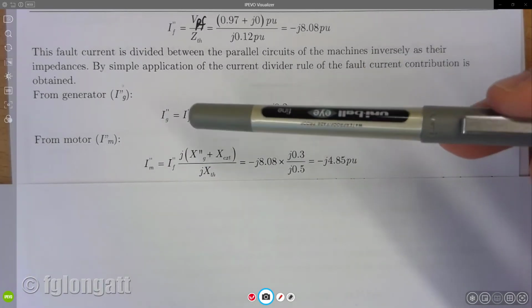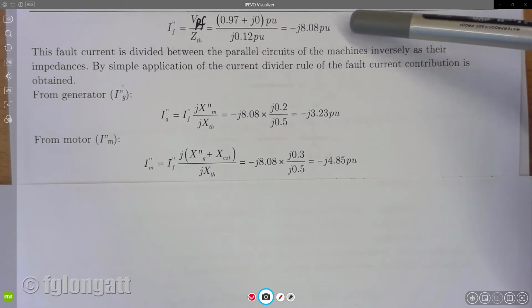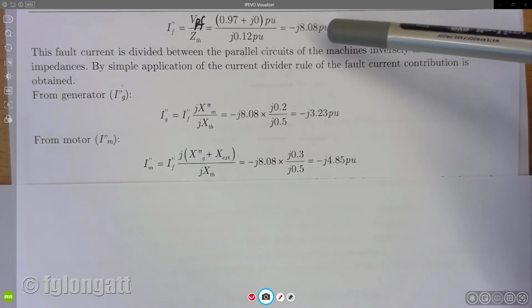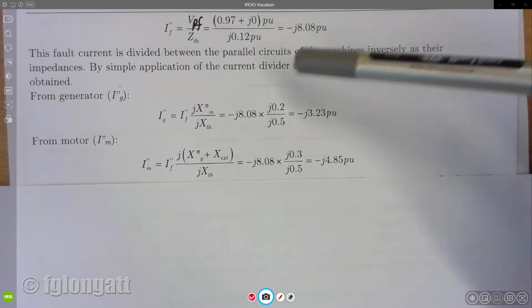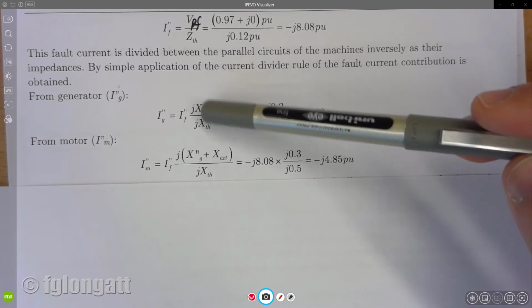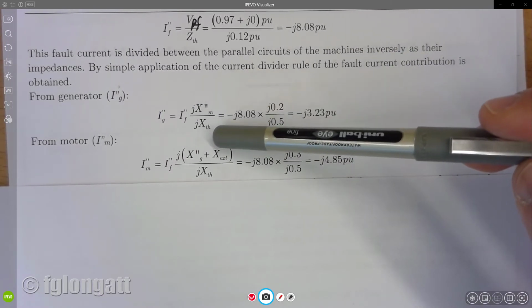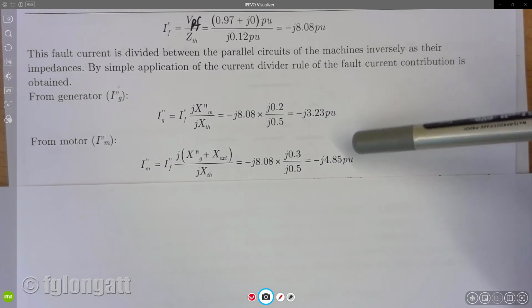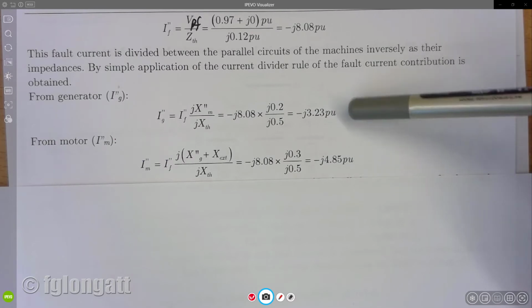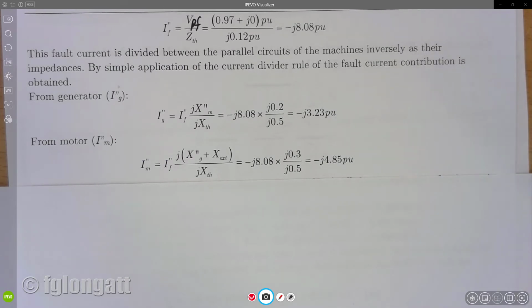Here, we already know what is the fault current. The fault current was calculated here, minus 8.08 per unit. And we use the current divider rule, put the reactances together, and we obtain here the results in per unit of the fault currents, okay?